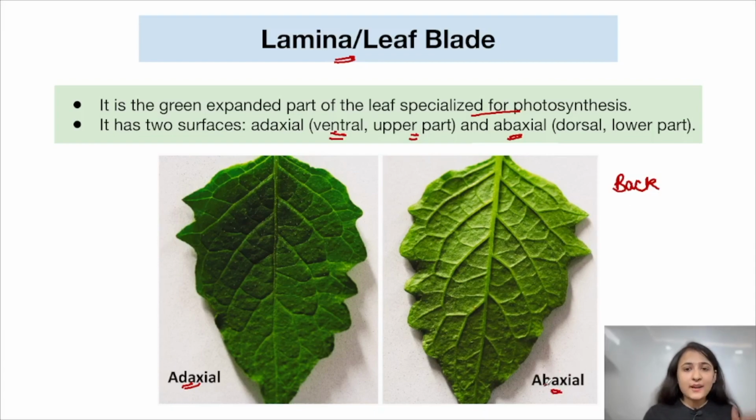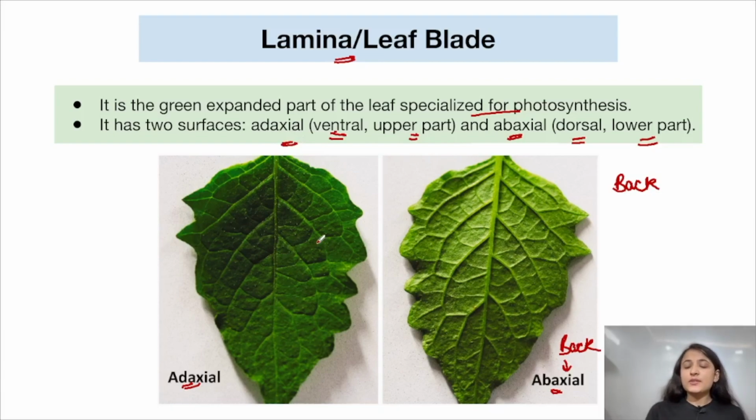I also often get confused between these two terms, so this is how I have learned. From back you can memorize abaxial. So abaxial means the back surface of the leaf, or the dorsal or lower part of the leaf. Adaxial means the ventral or upper part of the leaf.